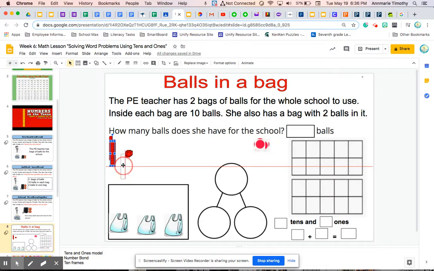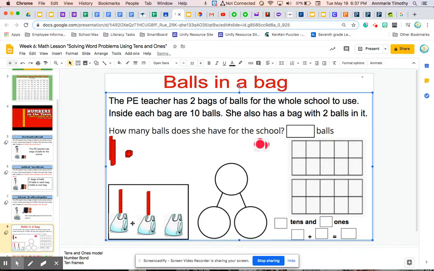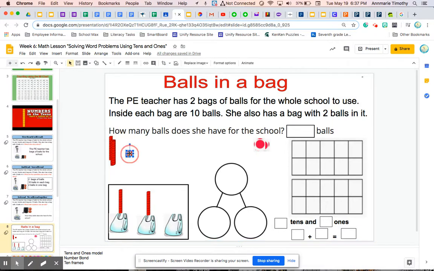She has 10 balls in each bag. So this bag has 10 balls. And I'm going to put 10 balls in the second bag because she has 2 bags with 10 balls each. But then it said to me, she also has a bag with 2 balls in it. So I'm going to use my ones. She has 1, 2 balls in a third bag.